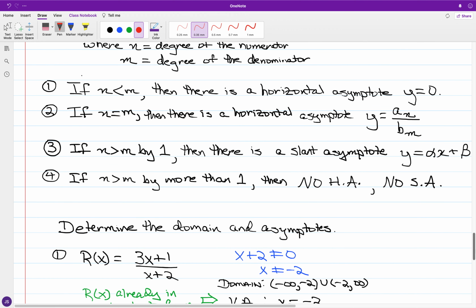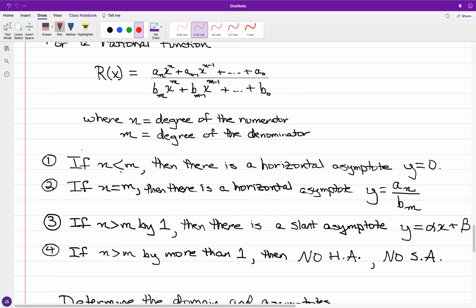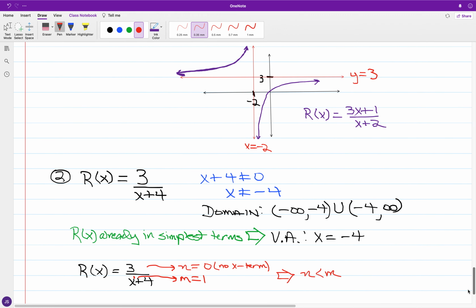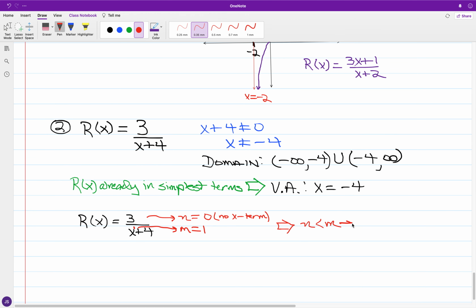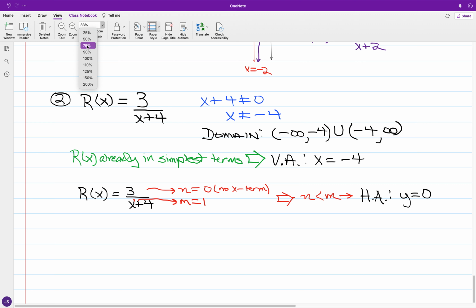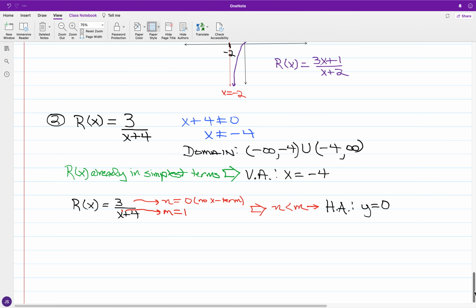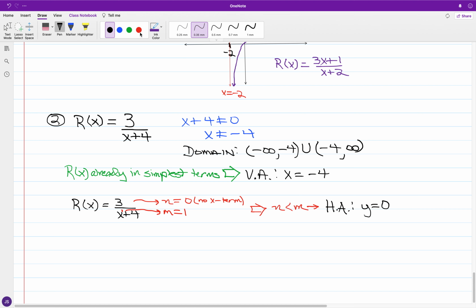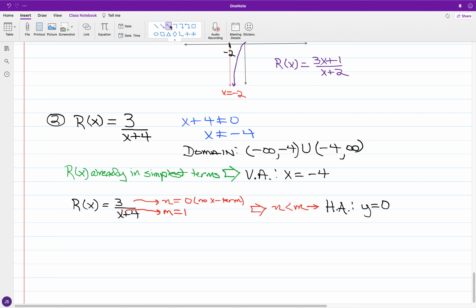So again, in the first case, if the degree of the numerator is less than the degree of the denominator, then there will be a horizontal asymptote, and that is automatically going to be y is equal to 0. So regarding the features, you have two asymptotes, one vertical and the other, once again, horizontal.